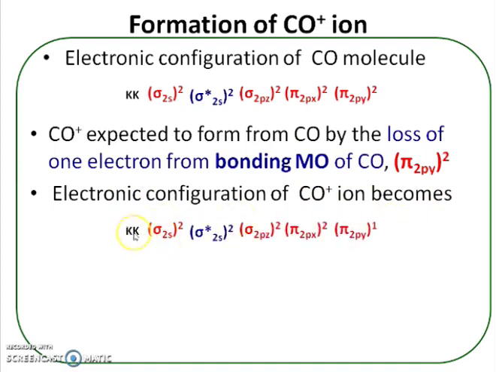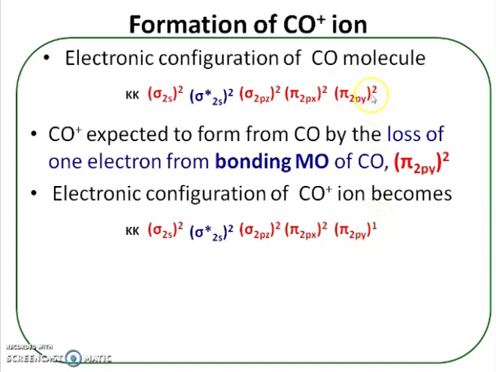KK, that is, the K shell not involved in the process of bond formation, then sigma 2s2, sigma star 2s2, sigma 2pz2, pi 2px2 and pi 2py1.